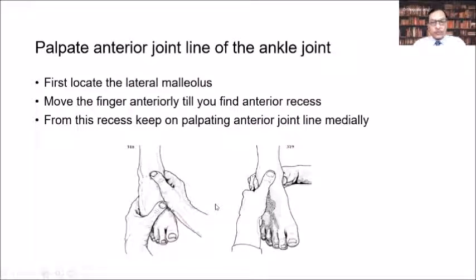Anterior joint line, how to feel for any tenderness? You have to locate the lateral malleolus, which is easily locatable, and you have to move your finger anteriorly till you find the anterior recess. So usually the anterior recess you can find, and from this recess, keep on palpating the anterior joint line medially.